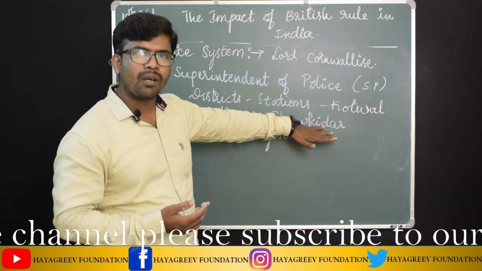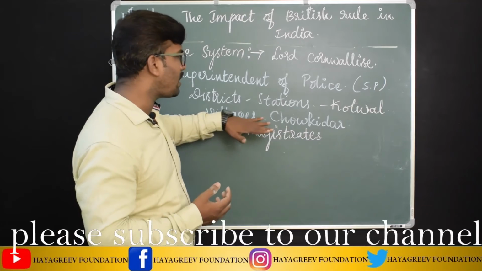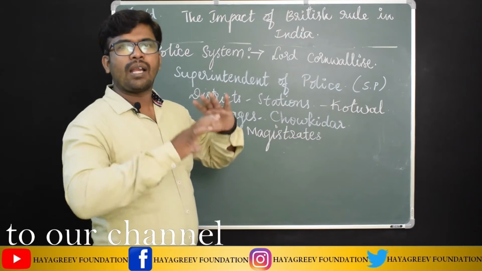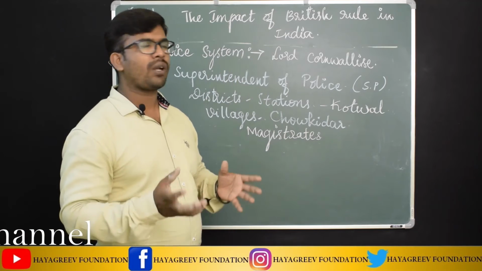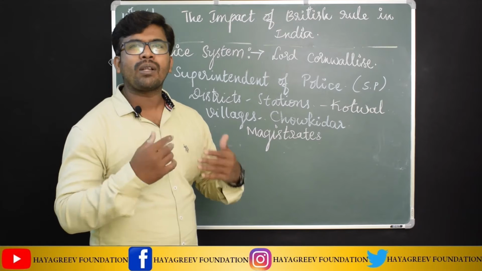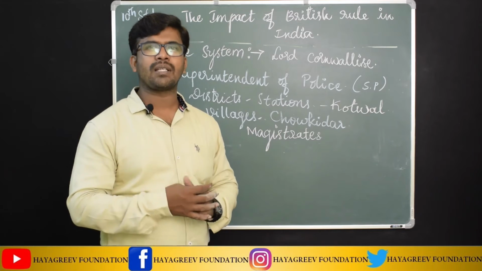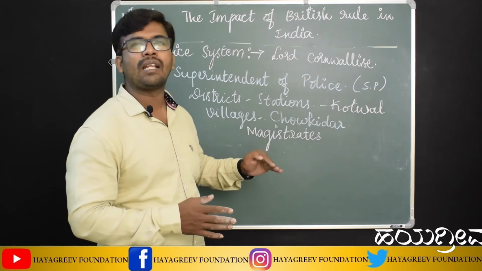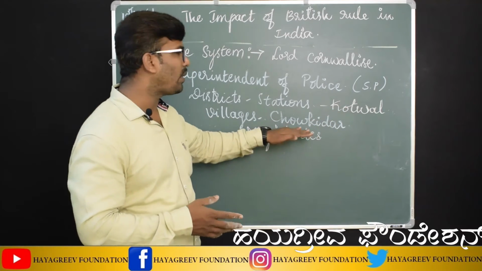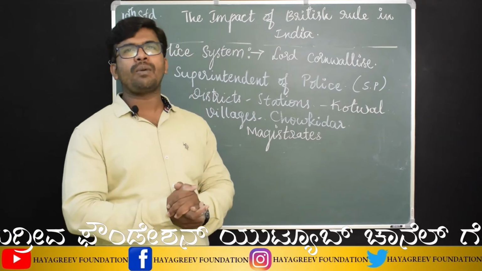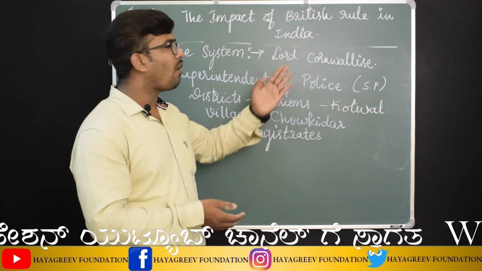So the Chaukidar had the power over a village, the Kotwal had the power over a district, and many districts were under the control of the Superintendent of Police. So whatever illegal activities or crime took place, it was managed by the Kotwal in the villages with the help of the Chaukidars. So like this, a police department was very effectively introduced by Lord Cornwallis.